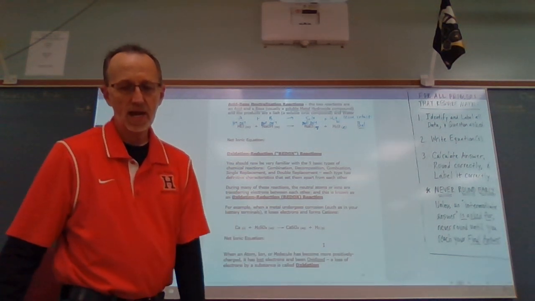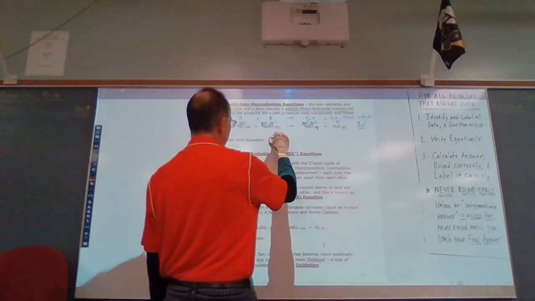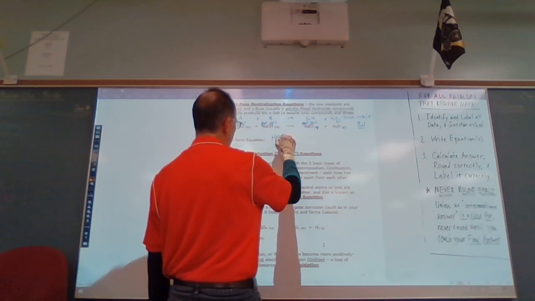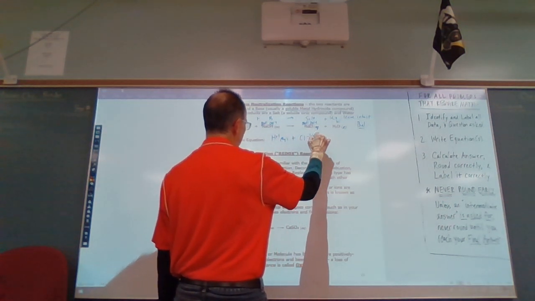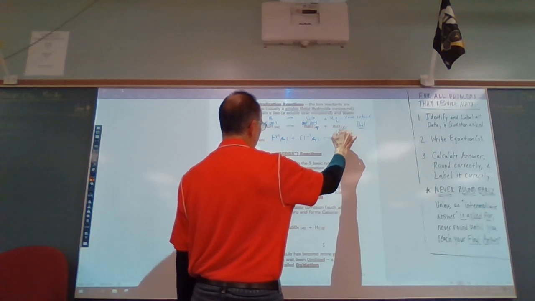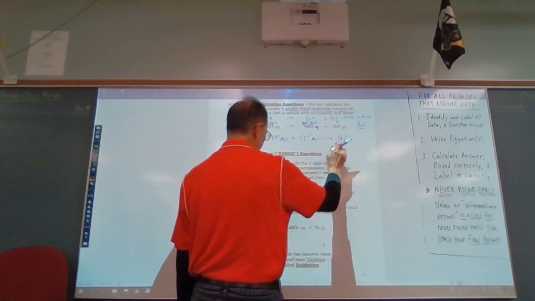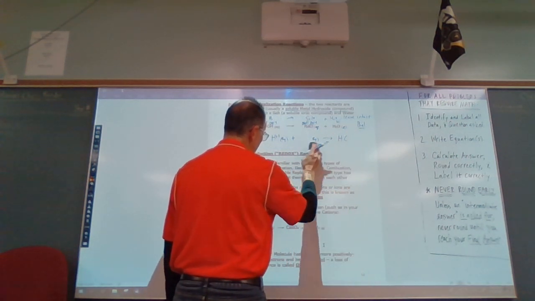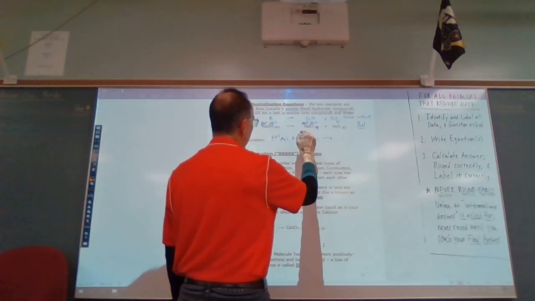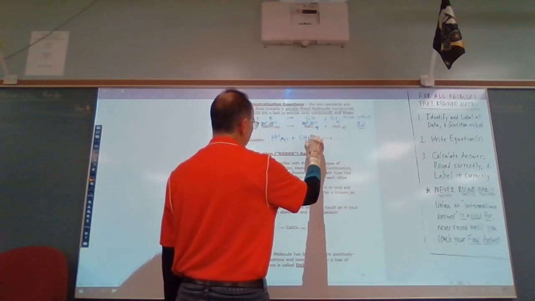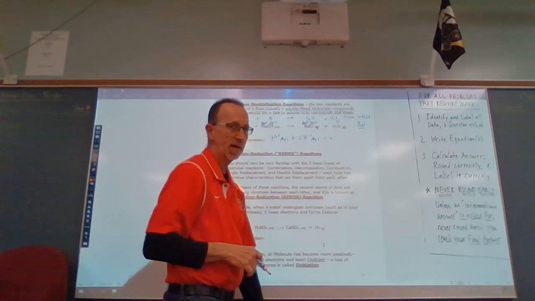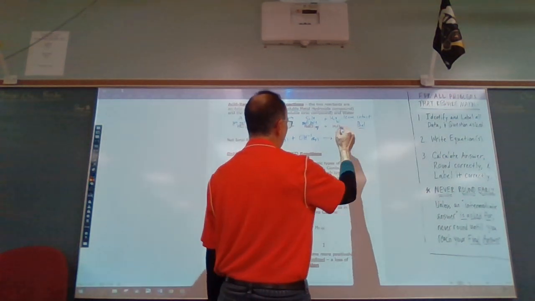And so our net ionic equation is H plus 1 AQ plus OH minus 1 AQ yields water. Chloride was a spectator.